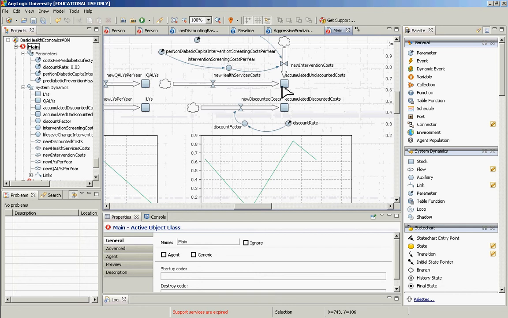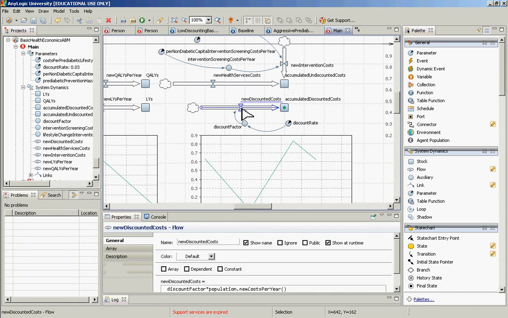This model also took into account accumulated discounted costs and undiscounted costs, although the undiscounted costs further took into account the new interventions. And I want to first fix that issue.